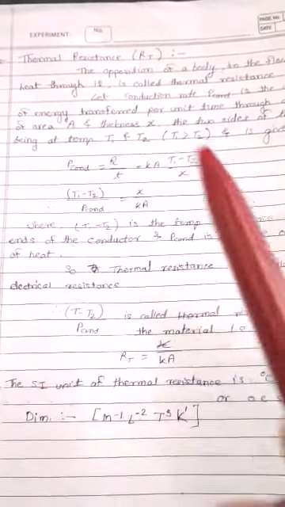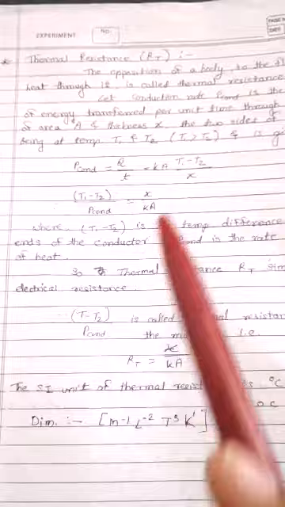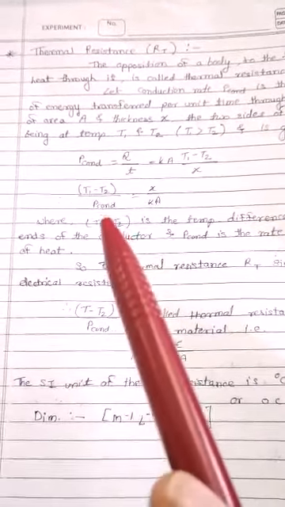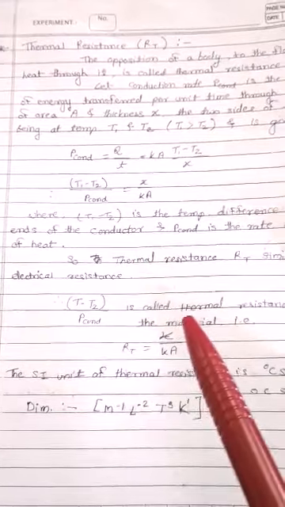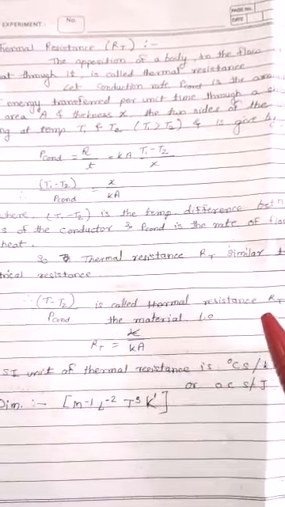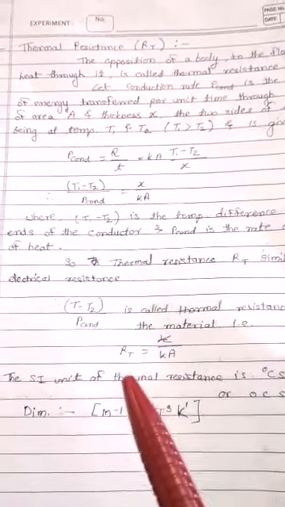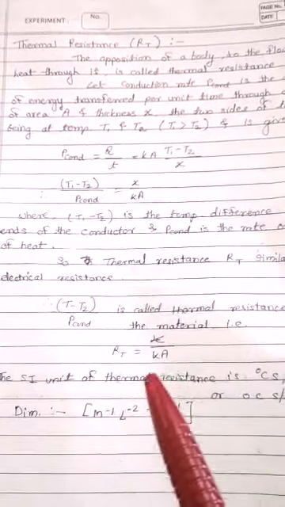Thermal resistance RT is similar to electrical resistance. So (T1 minus T2)/P conduction is called the thermal resistance RT of the material. That is, the formula RT is equal to X upon KA.